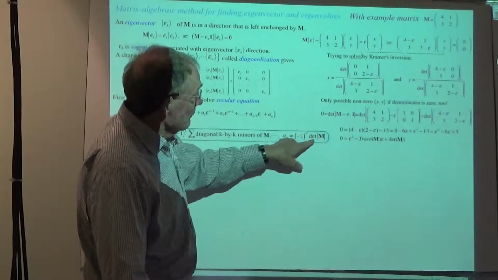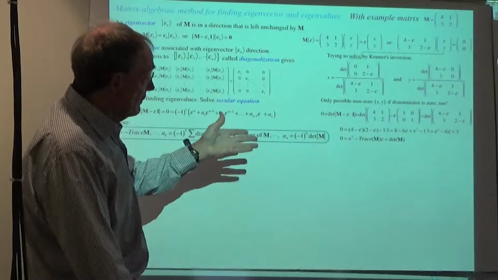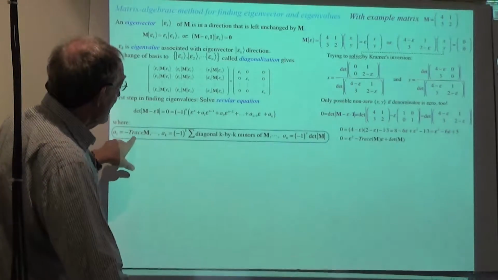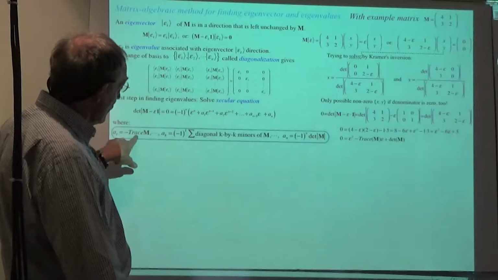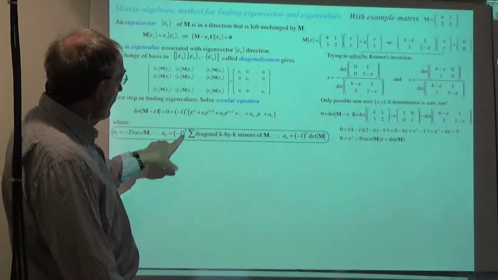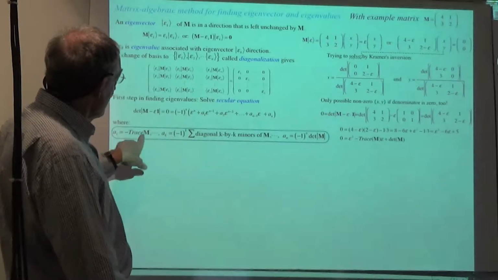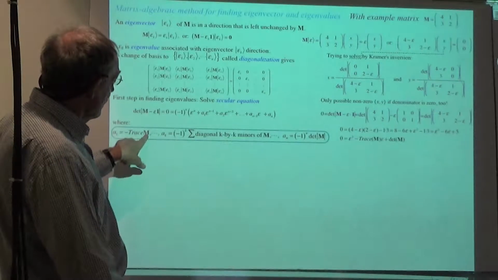Now, it starts with the determinant at the very end of the secular equation. That's the constant term. At the other end is the diagonal one by one minors, namely the trace of the matrix. All of these things times minus 1 to the kth power, in this case k is 1, so we have a negative sign in front of the trace.